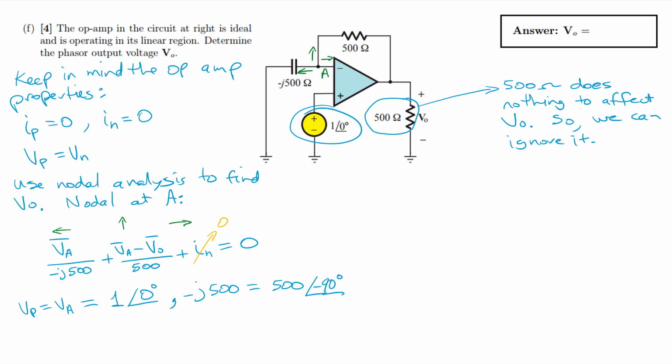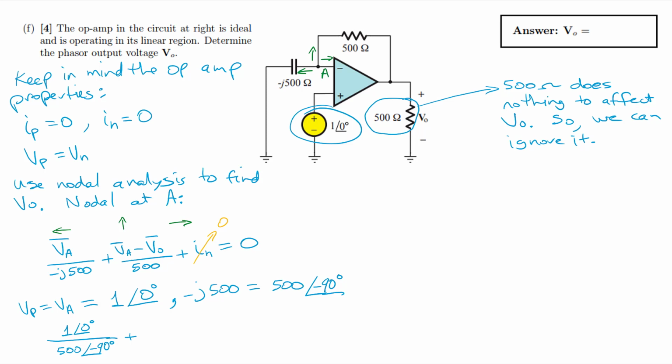Okay, so now let's plug these values into our nodal equation. So we've got VA, that is 1 phase angle 0 degrees over the impedance of 500 phase angle minus 90. So let's do the second term.